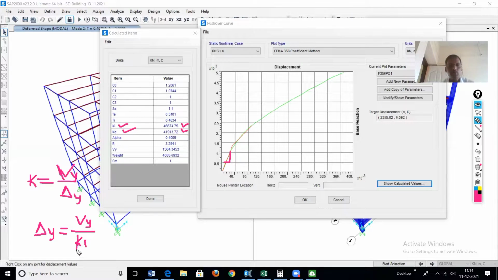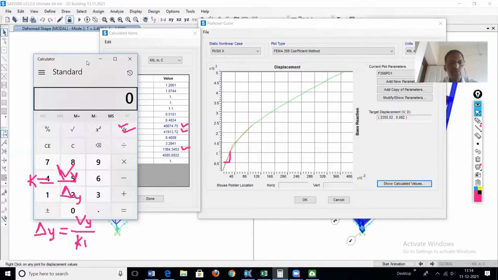Now Vy is already given: 1364.3453 is the Vy, and Ki is also known. So we will get the roof displacement at yield. How much answer are we getting? Let me use the calculator.